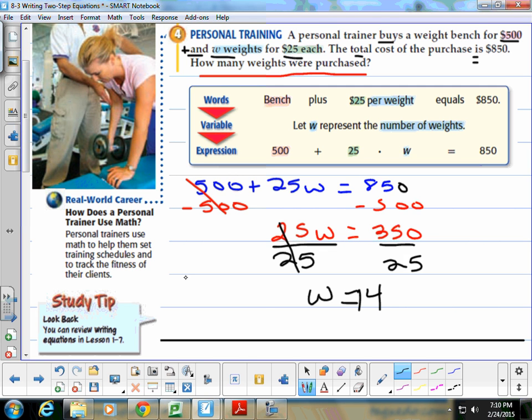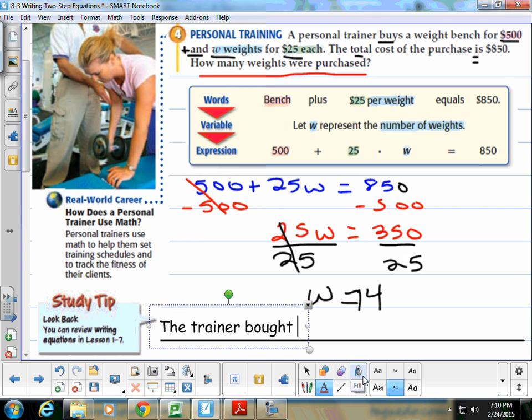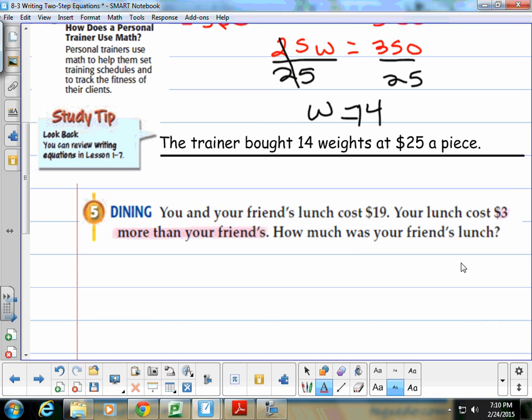So what this means, in a sentence, is that the trainer bought 14 weights at $25 a piece. That's what that ends up meaning. Very good. So that ends up meaning that, and we'll go on to our next problem.